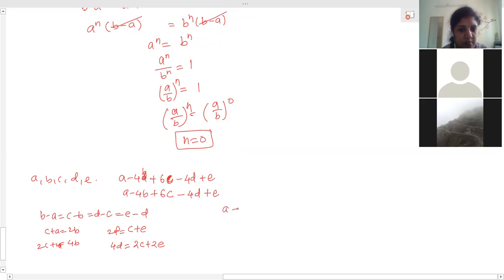Here it is A minus 4B. 4B is minus 2C minus 2A. 6C minus 4D, that is minus 2C minus 2E plus E. A minus 2A is minus A, minus 2C plus 6C, that is equal to plus 4C, plus 4 minus 2 is plus 2C minus E. Now A, E and C relation we need.